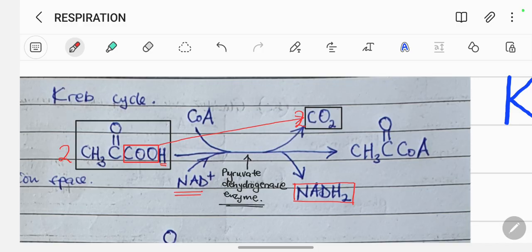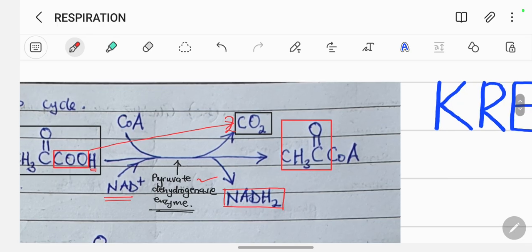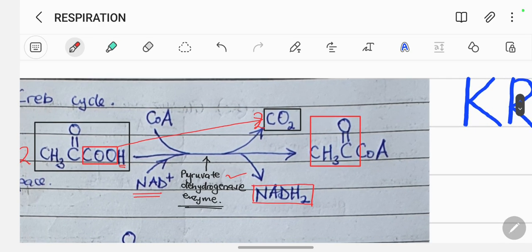As it takes the hydrogens, the whole process is catalyzed by pyruvate dehydrogenase enzyme, and we've remained with only this, the acetyl part. So what do we do? We come and fetch the coenzyme A and add it there.